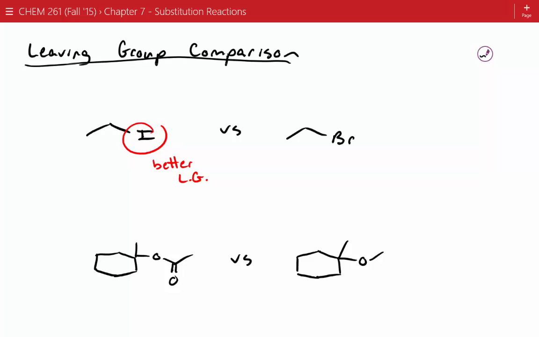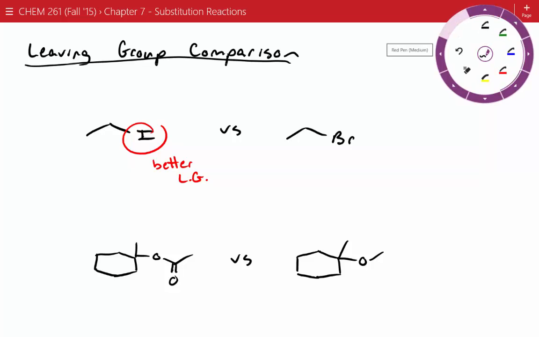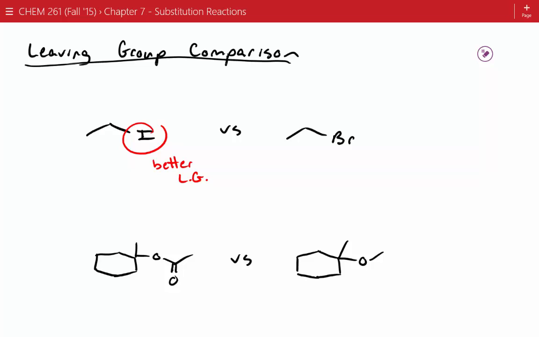Which one's the better leaving group? One on the left. Okay, so we can circle our leaving group and we can say, all right, if this one falls off, it's the better leaving group. Yeah, that's the $1 million question. Why?